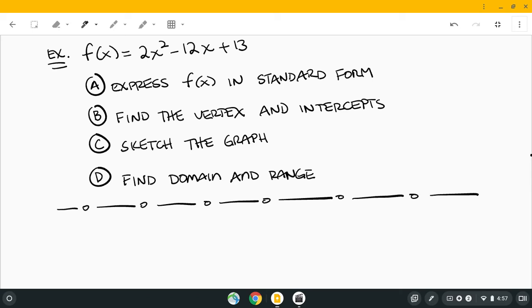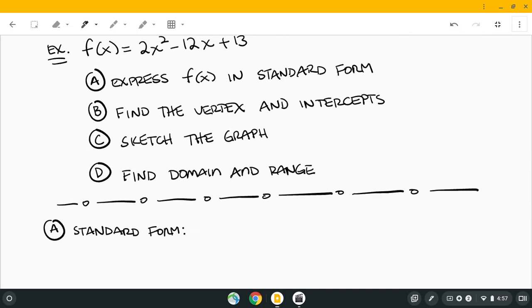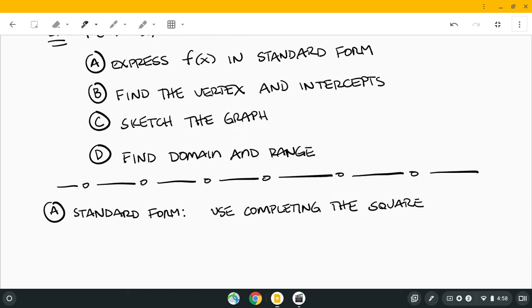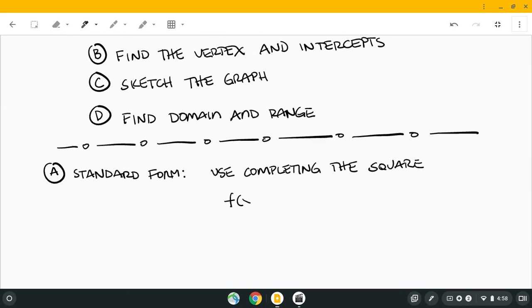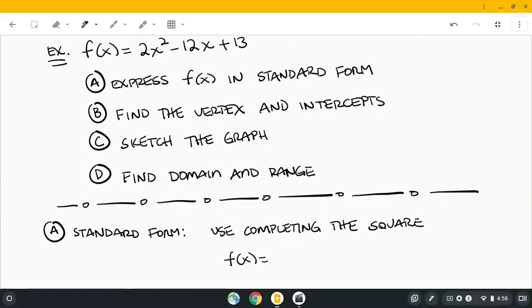So part A, standard form. F of x equals 2x squared minus 12x plus 13.